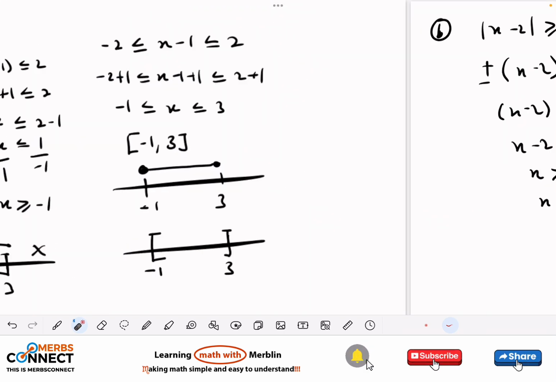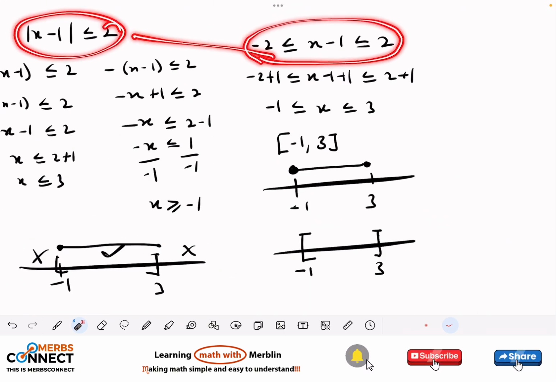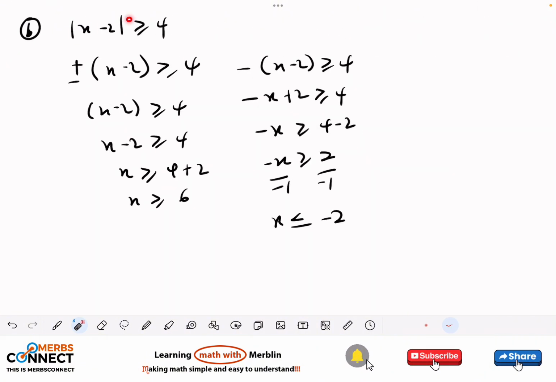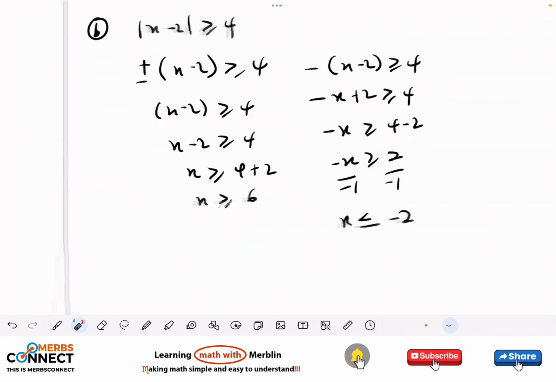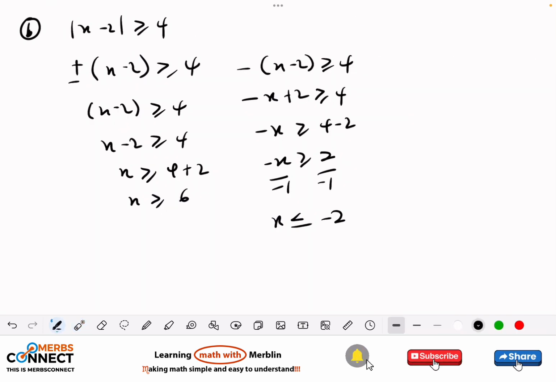But you see that we said this can be written as this. So the real question is, can we rewrite it in some form like this? Yes, but it will be a little bit different. So this here can be written as x minus 2 greater than or equal to 4, or x minus 2 is less than or equal to minus 4.